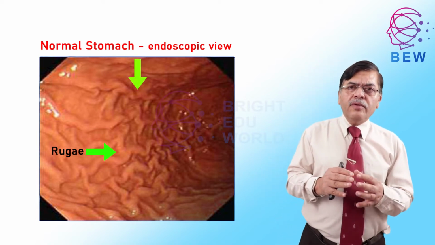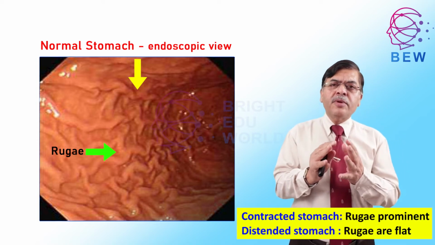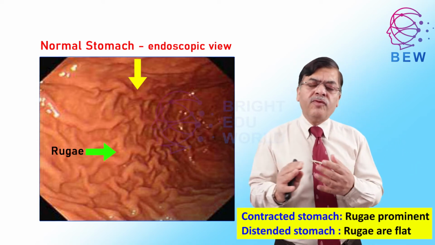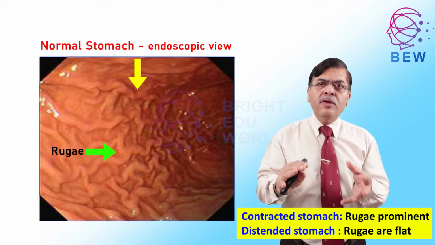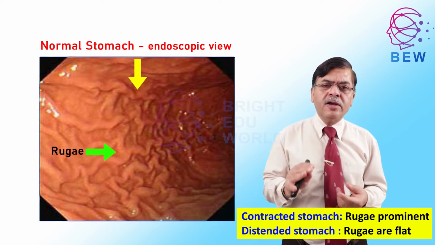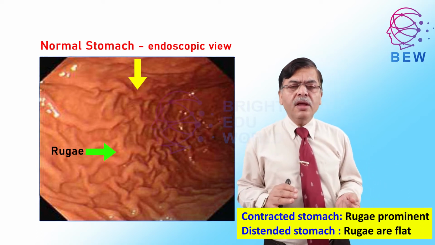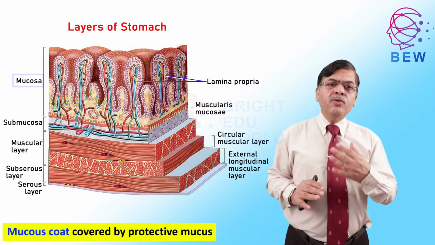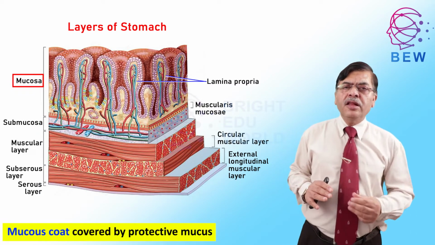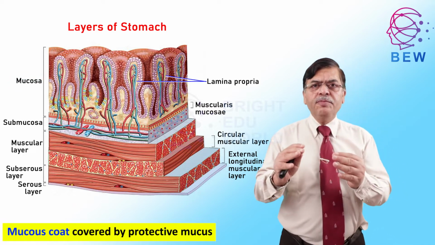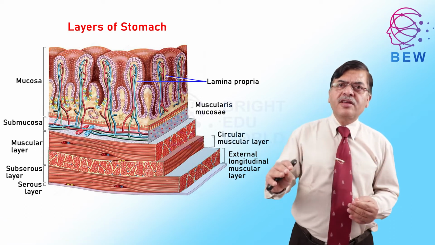When the stomach is in normal shape or contracted, these rugae are very prominent, but as the stomach gets distended for any reason, maybe with food or gas, or during endoscopy when you fill air into it to look at it, these rugae flatten out and disappear. The innermost layer, the mucosa, is covered with a thick layer of mucus, which is very protective in nature.